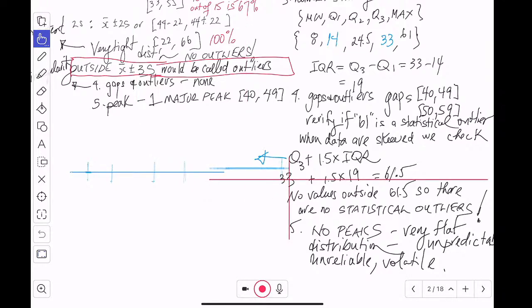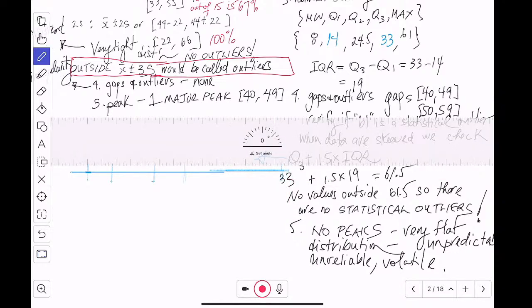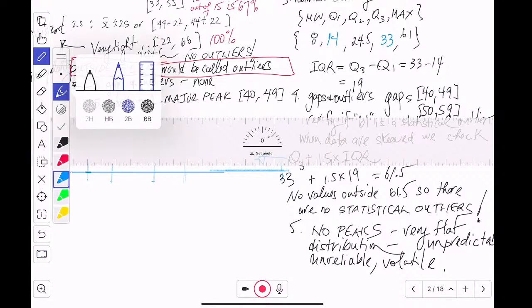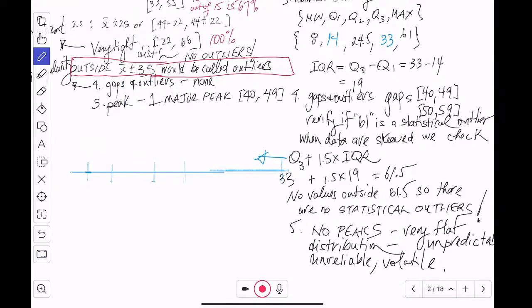Anyway, so if I was to draw it, and that was it, and I make the box, and this would be the middle of the box.